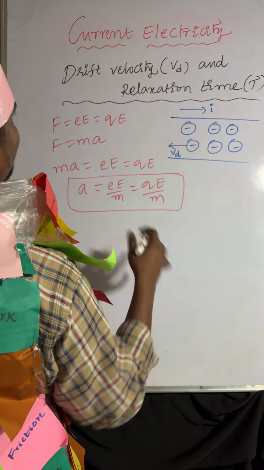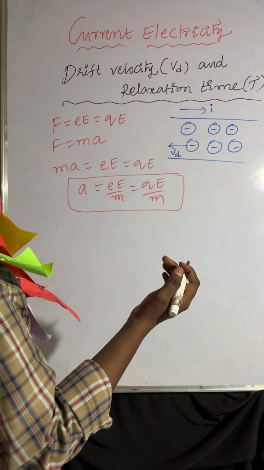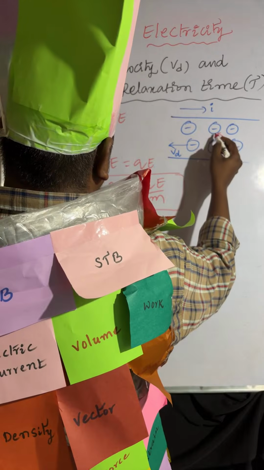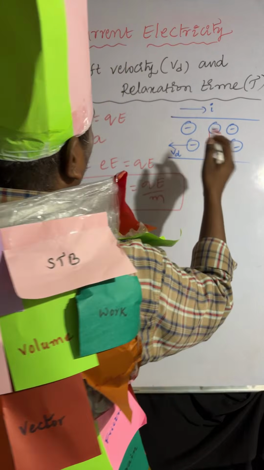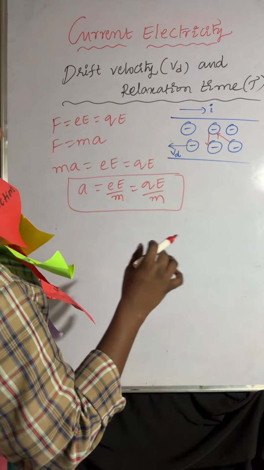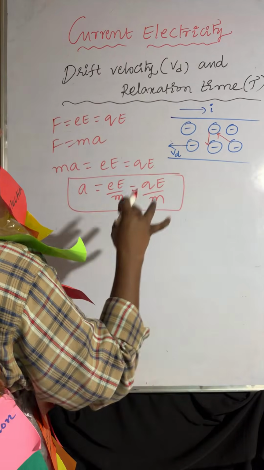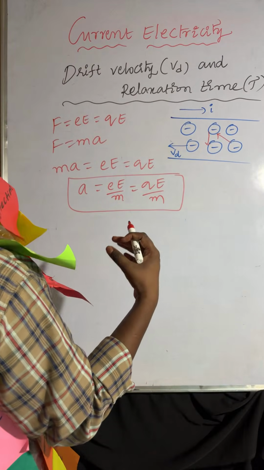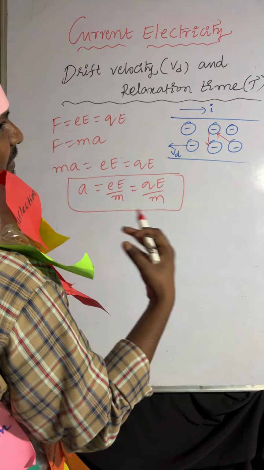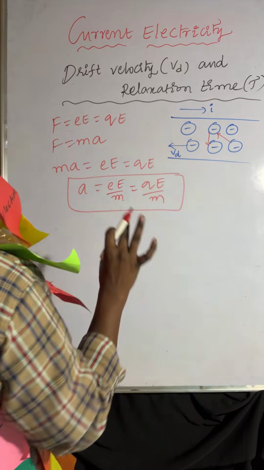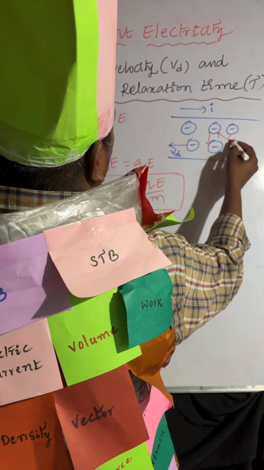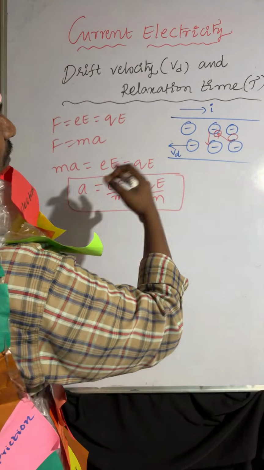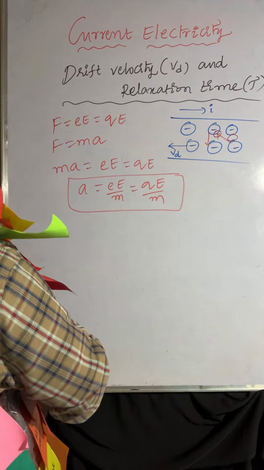Coming to relaxation time. When electrons are moving in the conductor, one electron will hit another electron, that electron will hit another electron, and like that, collisions keep taking place between one electron and another. So the average time between two successive collisions is called relaxation time.